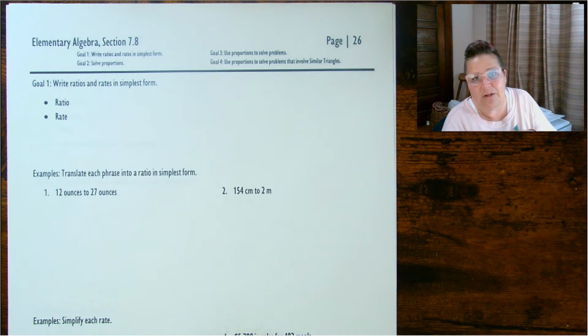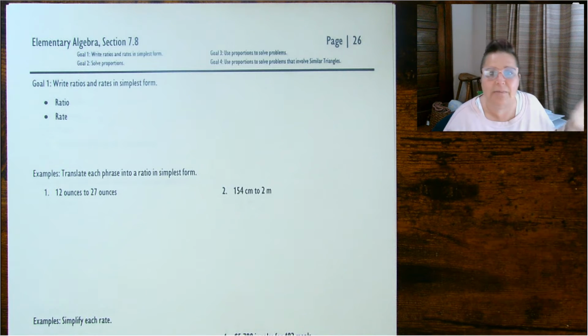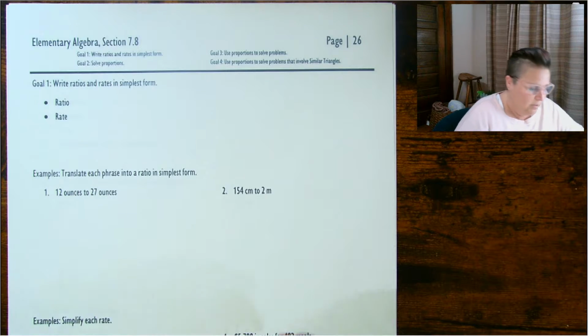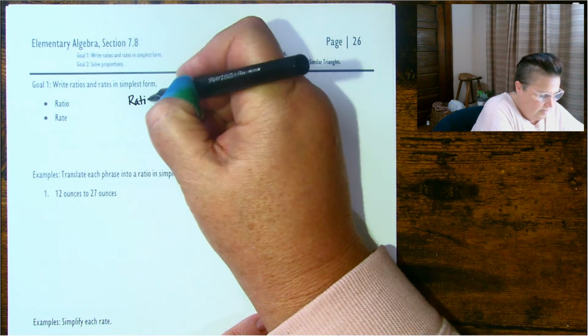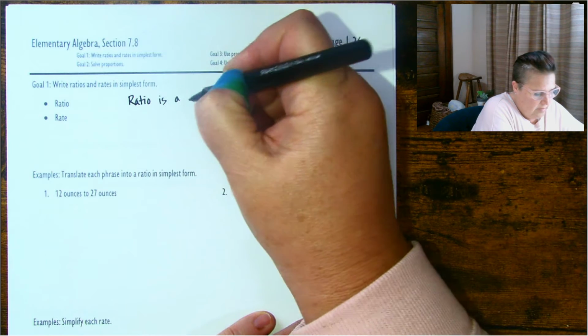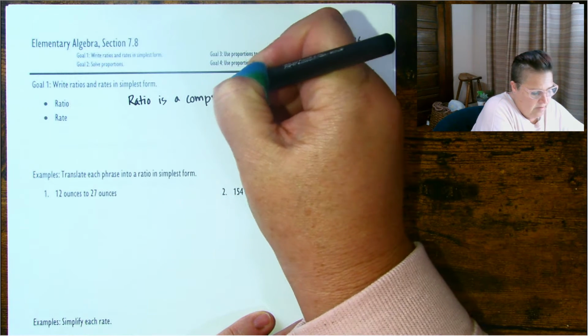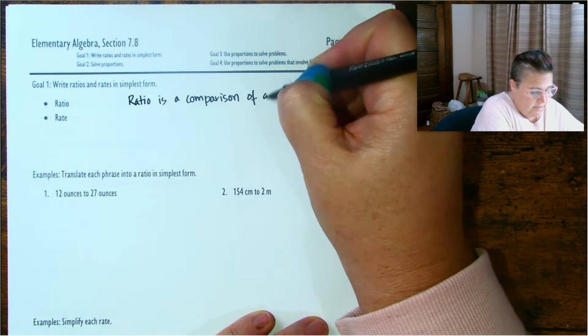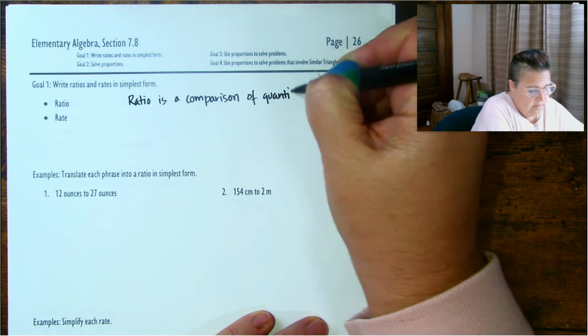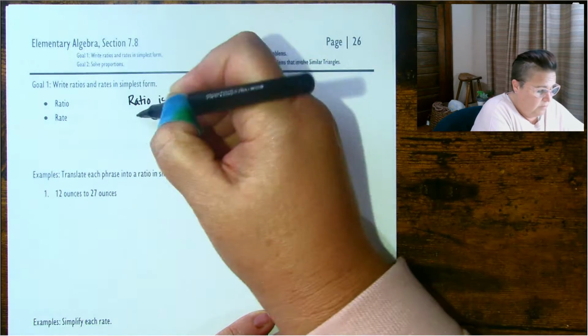So let's take a look at some of the basic definitions to make sure that everybody's on the same page to start. The first is the idea of a ratio. A ratio is a comparison of two quantities of the same unit.